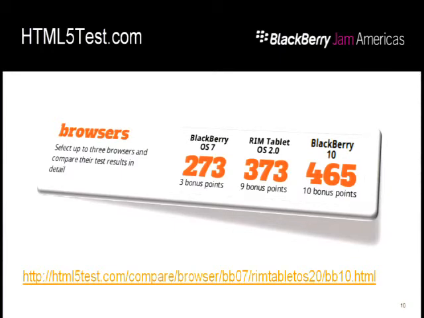But it's also interesting to see within really a year plus, from OS 7 to PlayBook 2 and now BB10, the amount of progress we've made, right? So those numbers basically denote real progress, real additional APIs and HTML5 support that we've built into the browser. And it's fairly significant.